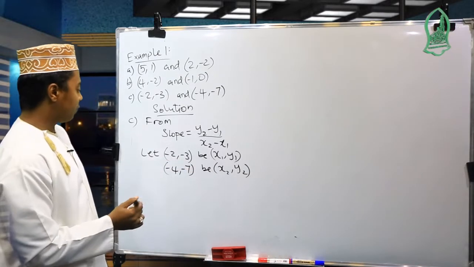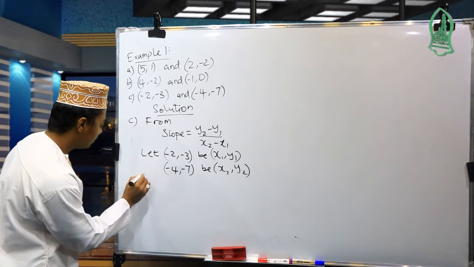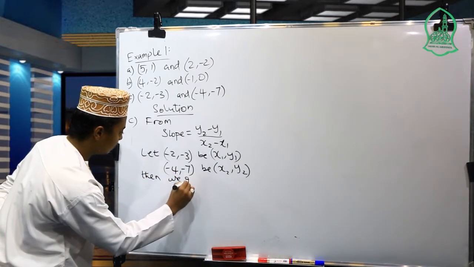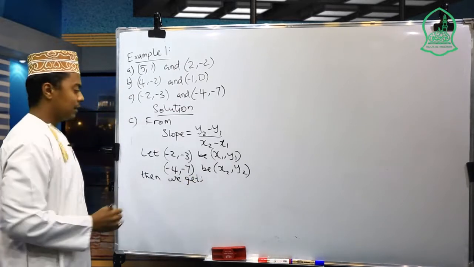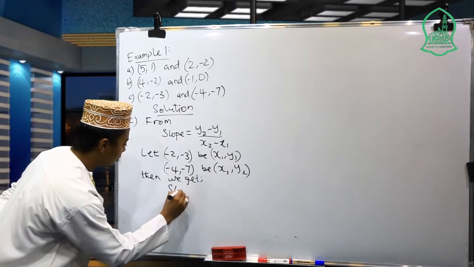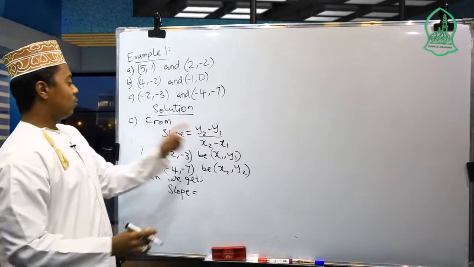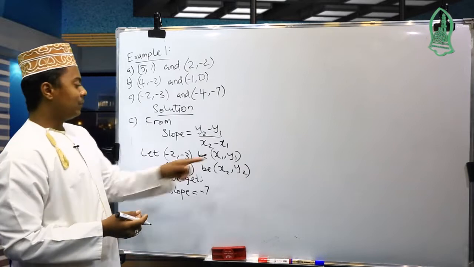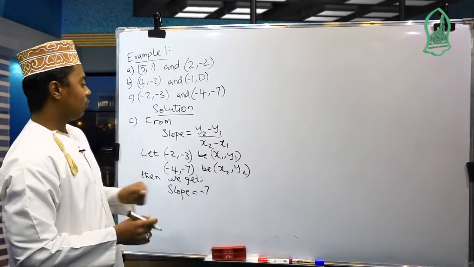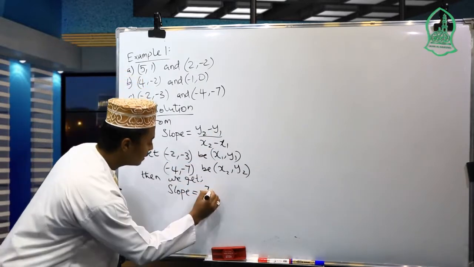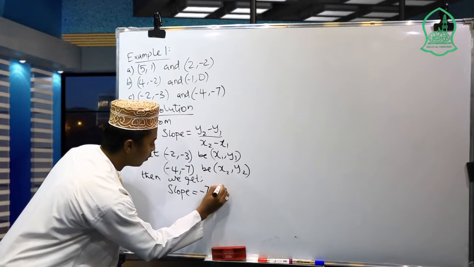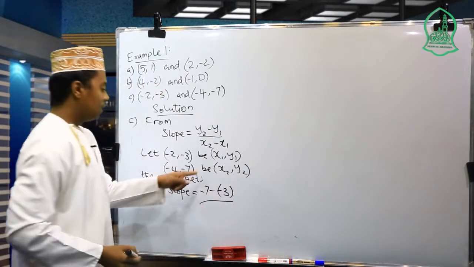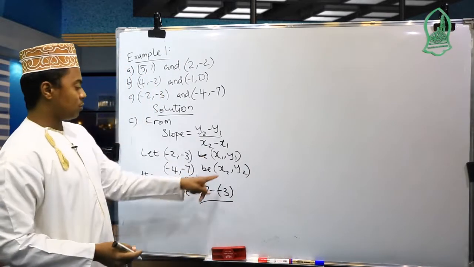So just put in that formula. So we get slope equal to what? What is y2? y2 is negative 7. We put it here. Minus y1. What is y1? y1 is negative 3. So we minus negative 3, over x2 minus x1. What is x2?